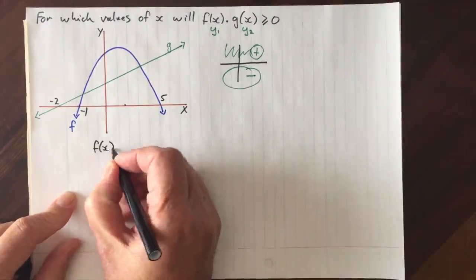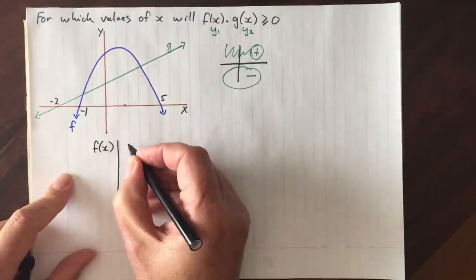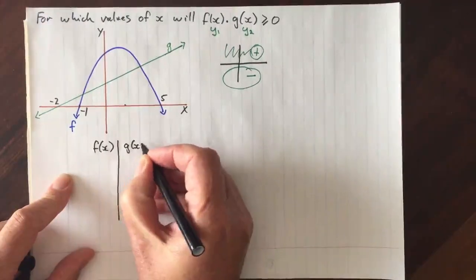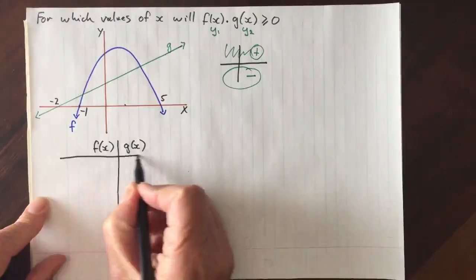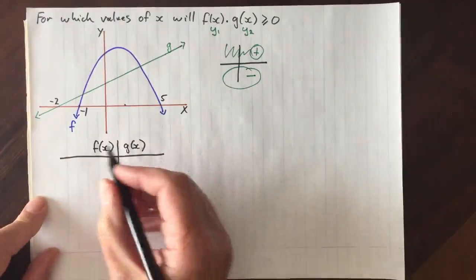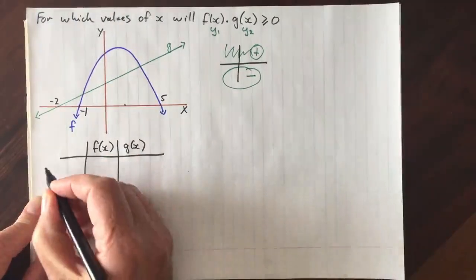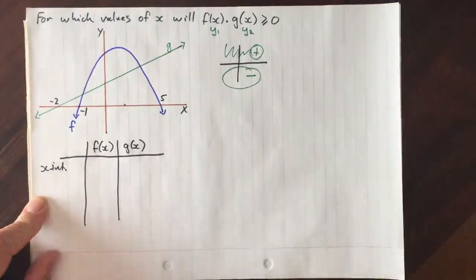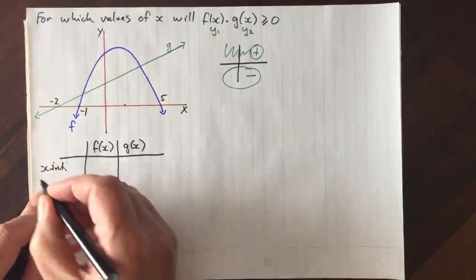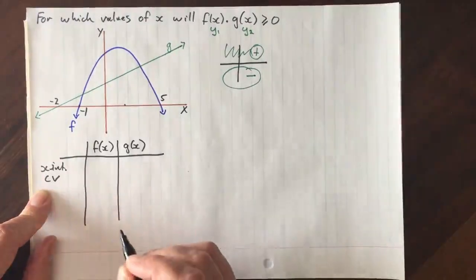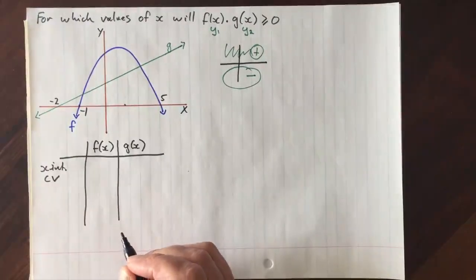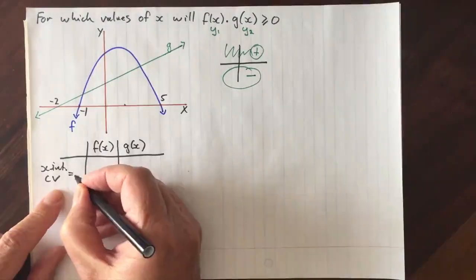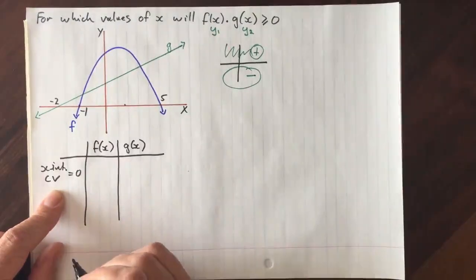We have an f(x) and we have a g(x). And first of all, what we're going to do is find the x-intercepts. Those values are my crucial or critical values, and that is where y is equal to 0.